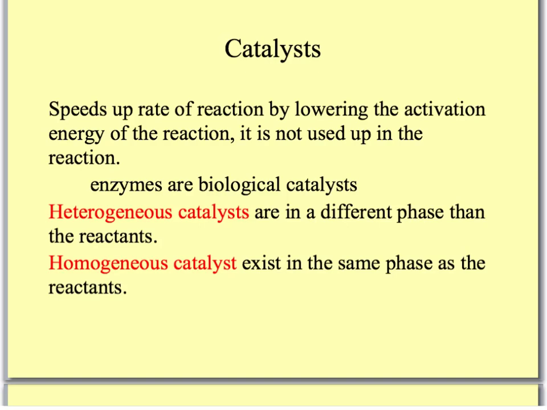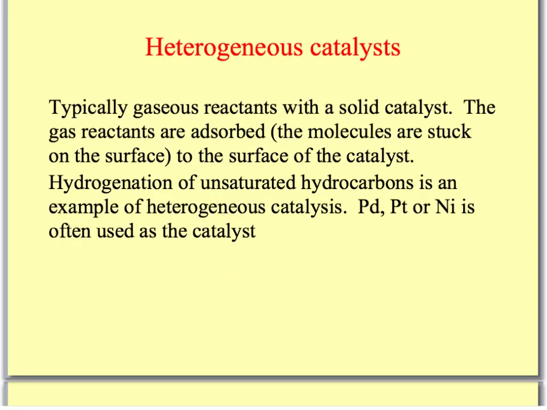Then there's different types of classifications of catalysts. Heterogeneous catalysts are catalysts that are in a different phase than the reactants. So, for example, maybe the reactants are gas and your catalyst is a solid. Homogeneous catalysts mean that the catalyst is in the same phase as the reactants. So here's some examples of heterogeneous catalysts. You're looking at gas reactants with a solid catalyst.